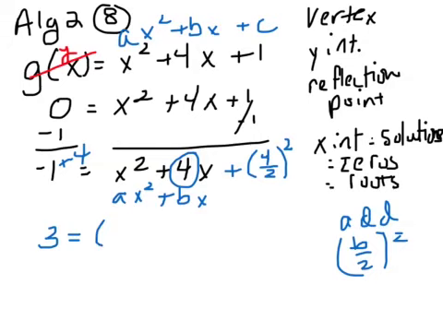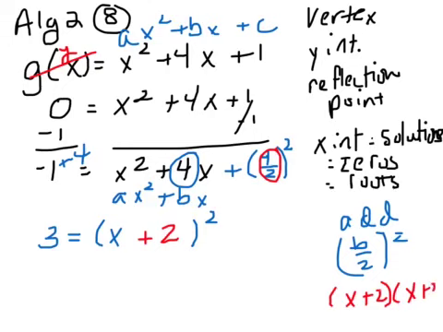The reason I did that is, when I add that b over 2 squared, it creates a perfect square. The perfect square it creates is x, and then I look inside here: 4 over 2 is 2, a positive 2. This would be x plus 2 squared. If you want to check that out, if you went over to the side and multiplied out x plus 2 times x plus 2, you would get x squared plus 4x plus 4, which is what I have here.